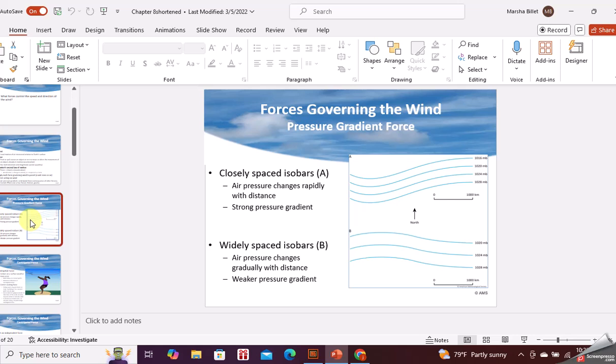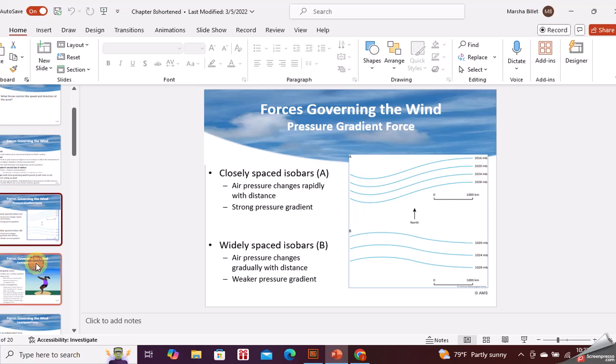Air is going to blow from high pressure to low pressure, always. And the tighter that gradient is, the quicker that air is going to move from one to the other. That's why in a hurricane, the air pressure gradient is extremely tight. So the air is going to want to move from that high pressure to that very, very intense low pressure very quickly. That's why the winds are so strong.